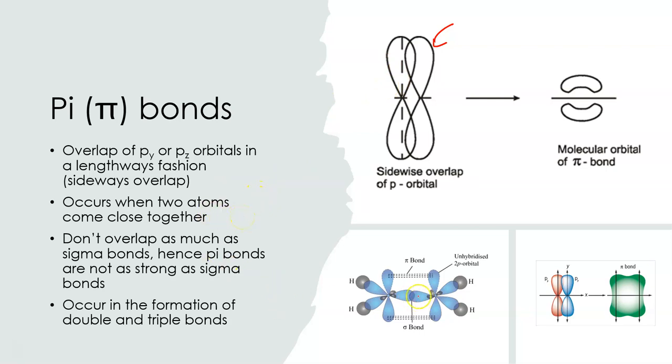A sigma bond has already formed from the end-to-end overlap, and when this forms, it pulls these atoms closer together and allows the sideways overlap to occur between these py orbitals. Once we get that sideways overlap, we create a larger new molecular orbital cloud, and we get our double and triple bonds forming, always from the sideways overlap.